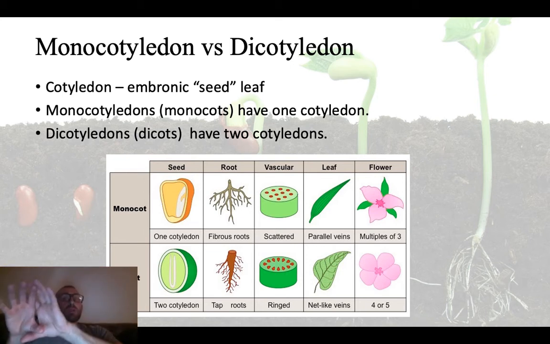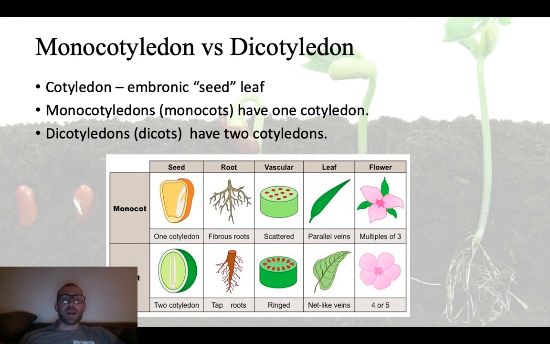And now if we're looking at our angiosperms, we can further divide them into monocotyledons or monocots versus dicotyledons or dicots. Now, a cotyledon is an embryonic seed leaf. So within the seed, there is a structure called a cotyledon, and that is essentially a leaf.